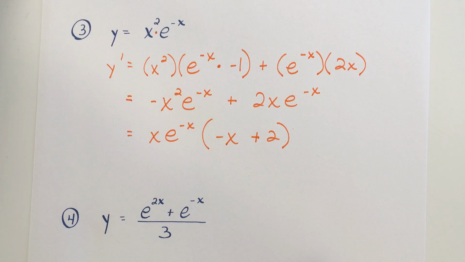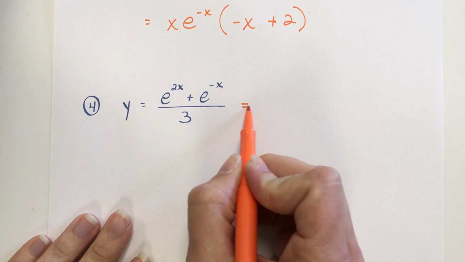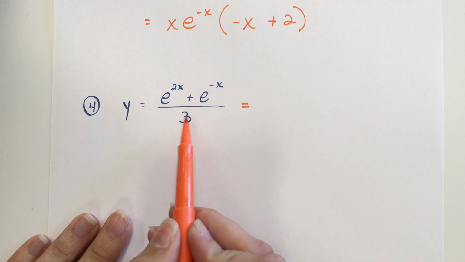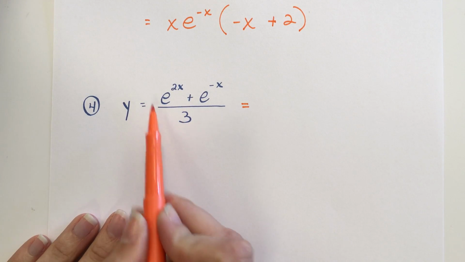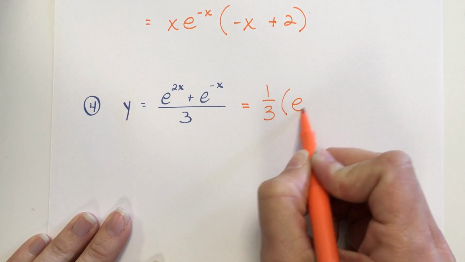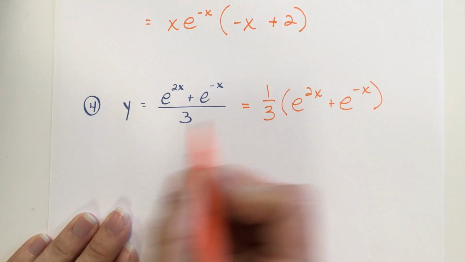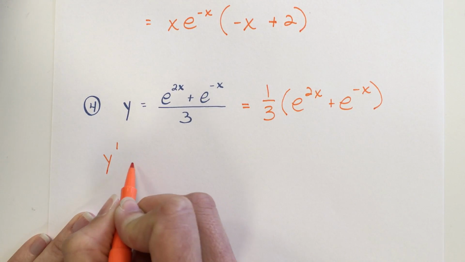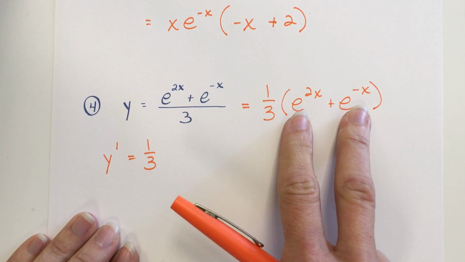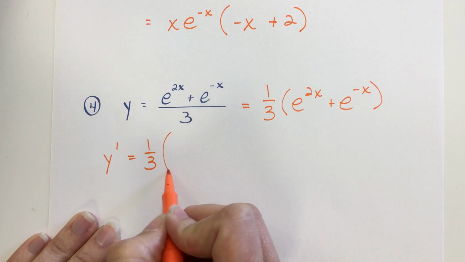All right, number 4. Now, I would take a step here of rewriting this one. If you leave it like it is, you're going to have to use quotient rule, but this being just a constant, I would just pull that constant out front as 1/3. Okay, so now starting the derivative, this 1/3, remember, is just a constant multiple, so you're taking the derivative here. So you take the derivative of those two terms individually.